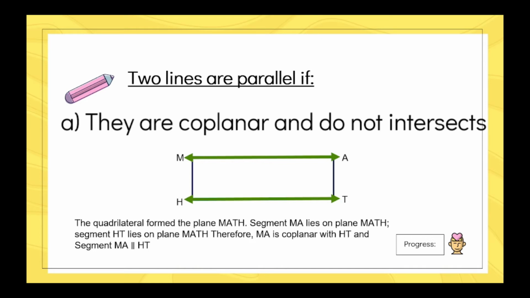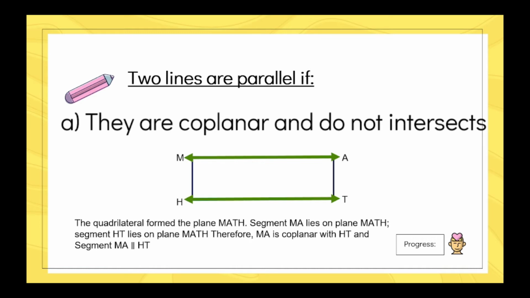Segment MA or line MA lies on plane MATH, and segment HT or line HT lies also on plane MATH. So nasa iisang plane si MA tsaka si HT. Therefore, we can say that MA is coplanar with HT. And since they do not intersect, we can say that MA is parallel to HT.